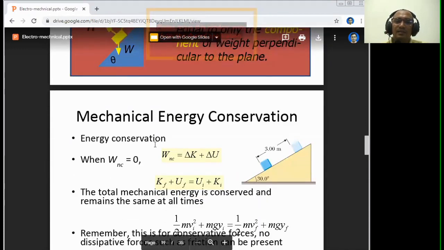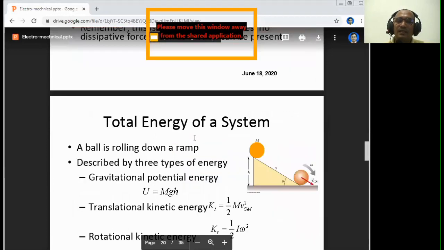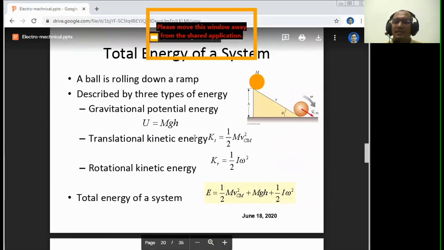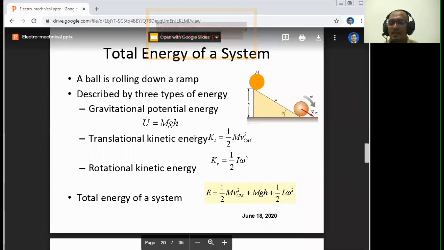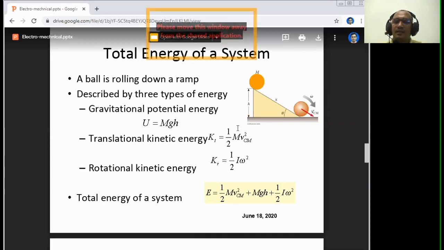And whatever we discussed, the friction, the moment of inertia, then rotational kinetics, all deal with the conservation of mechanical energy. Conservation of mechanical energy is nothing but, if there is a certain massive system, it must have certain kinetic energy due to its movement. Then if it attains a certain potential level, definitely it has certain potential energy, and if it has rotational action, that we discussed before as rotational torque, there must be a kinetic rotational action.